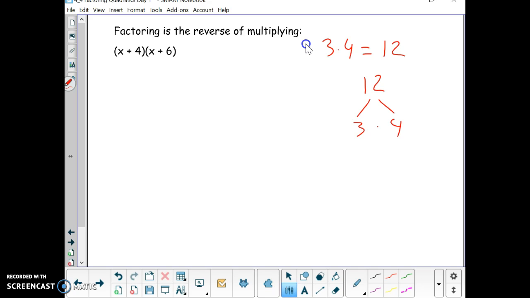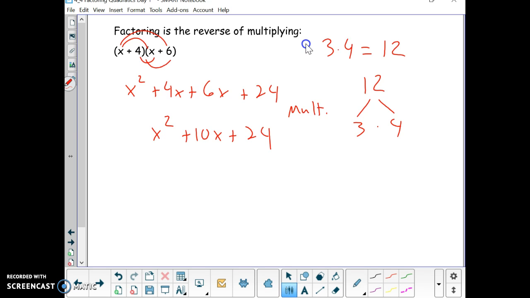Okay, so in the polynomial world, when we multiply with the FOIL step, we multiply the first, the outer, the inner, and the last two. That's called FOIL. And then you combine like terms. That's called multiplying. And then factoring is just the reverse of this.